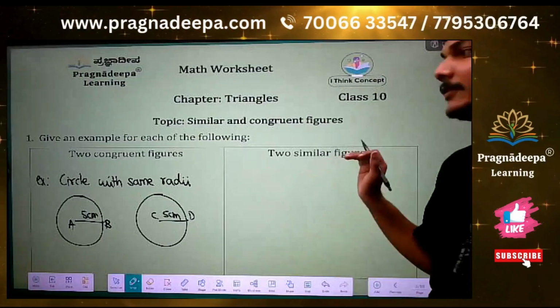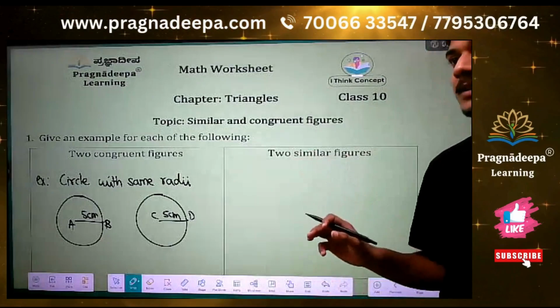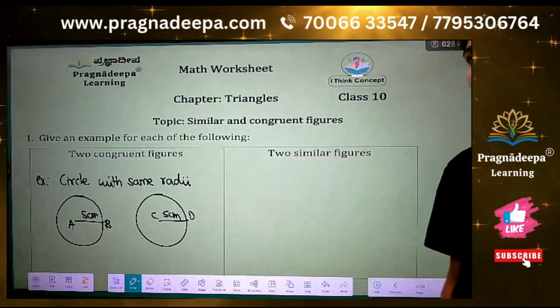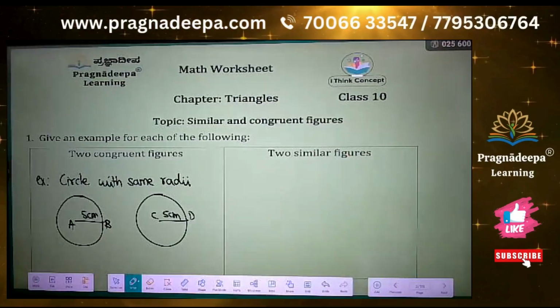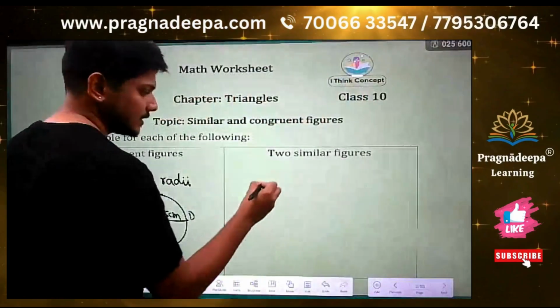Next one, two similar figures: circles with different radii. Isosceles triangle. What happens in the case of an isosceles triangle?